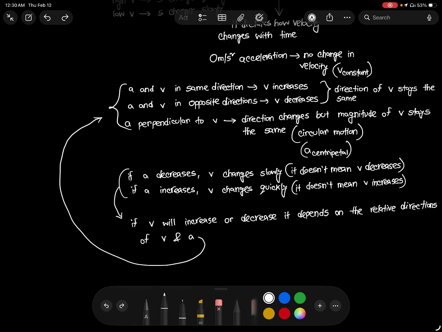And if the value of acceleration is low, then the velocity will change, but at a slower rate. Whether it will increase or decrease depends upon the directions of acceleration and velocity. If acceleration and velocity stay in the same direction, velocity increases. If acceleration and velocity are acting in opposite directions, that causes the velocity to decrease.